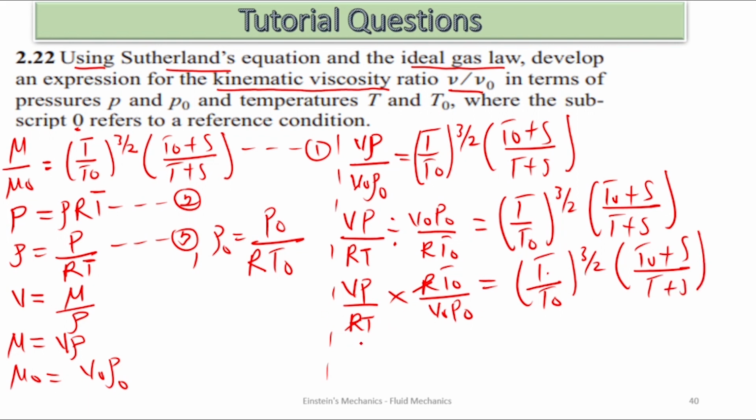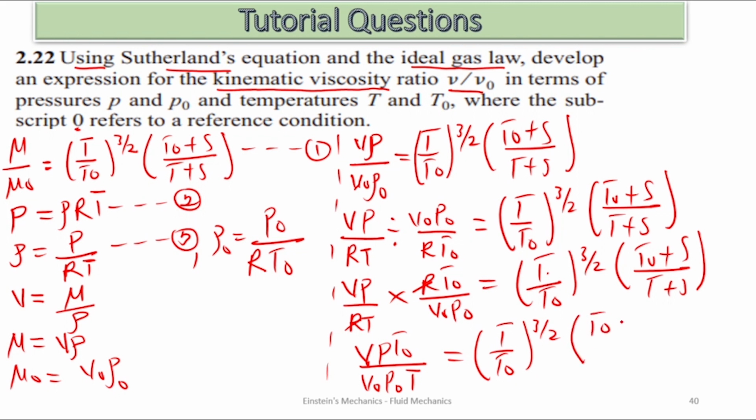So this R has been taken care of. So from here we are getting this V, this P, and this T naught, and here too we have this V naught, this P naught, and the original T, which will be equal to T on T naught to the 3 on 2, then T naught plus S on T plus S.